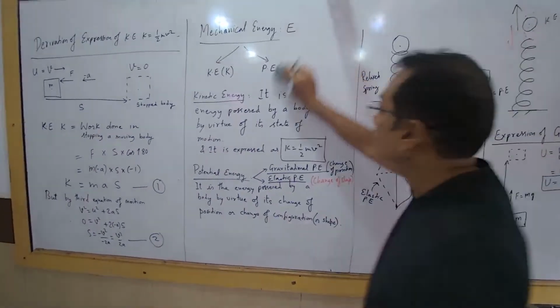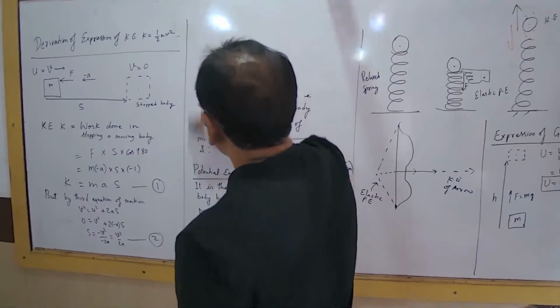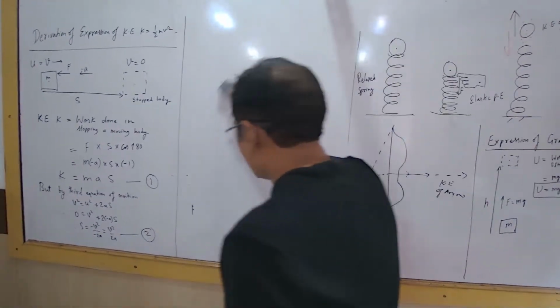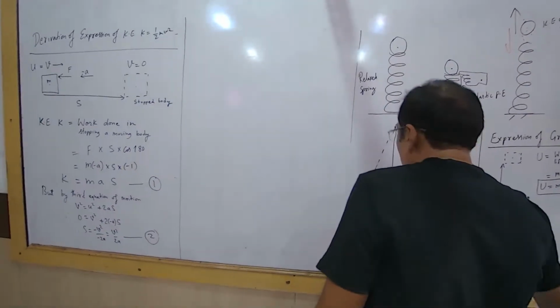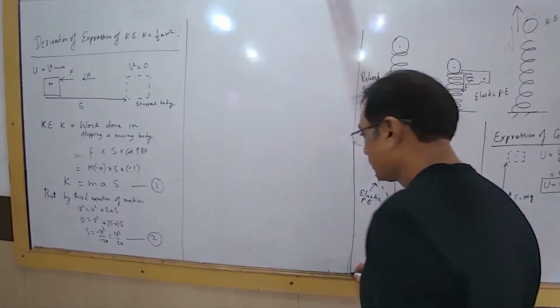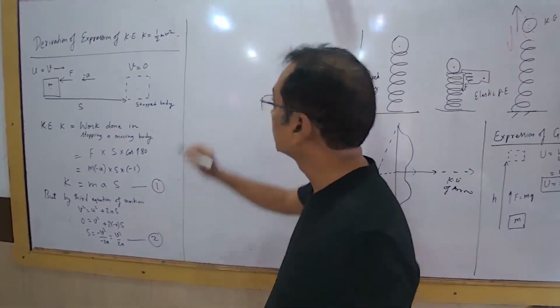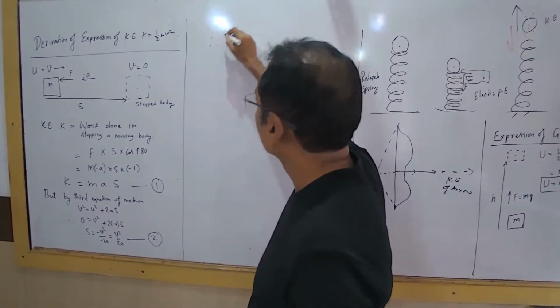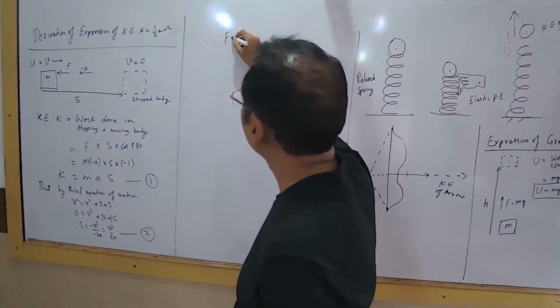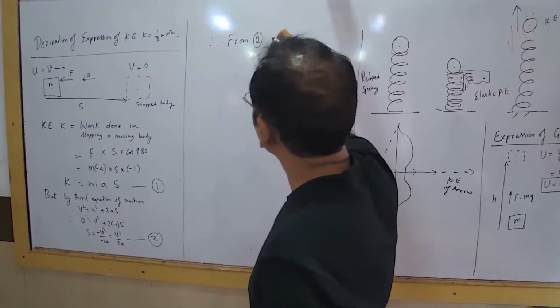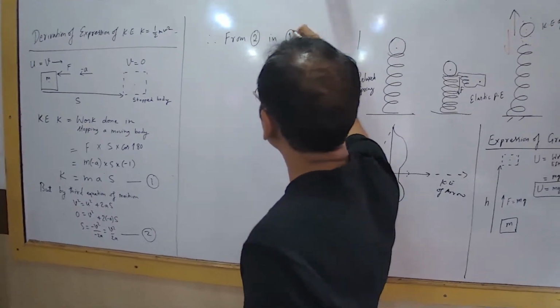Yes, so derivation would be asked in the exam, right? Yes, it may be. Okay, so what did you get? S as V square by 2A. So from 1 and 2, substitute 2 in 1.